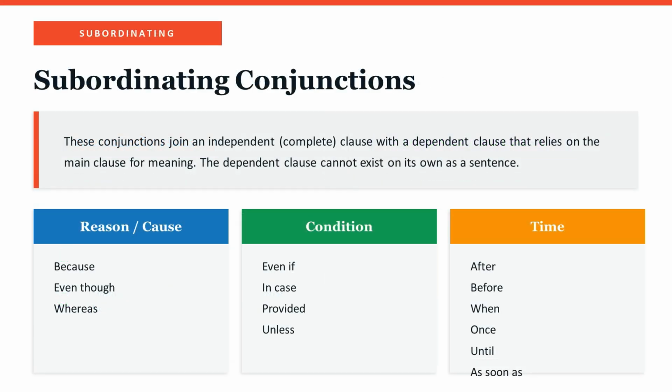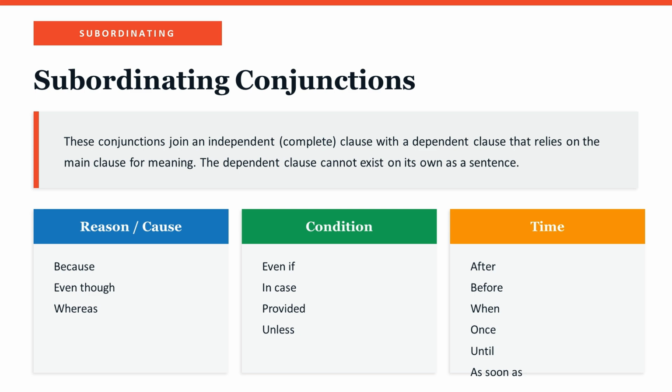Now we come to the third and final type, subordinating conjunctions, also known as subordinators. These conjunctions are used to join an independent complete clause with a dependent clause. The dependent clause relies on the main clause for its meaning and relevance. It cannot stand alone as a sentence and often does not make sense without the main clause.